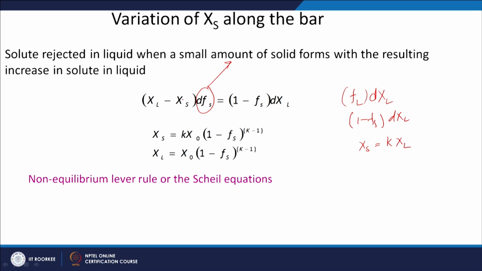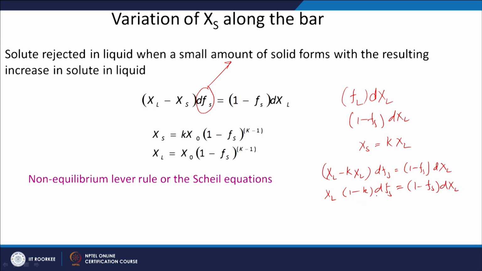So, this will become XL minus KXL into dFs is equal to 1 minus Fs dxl. And XL can be taken out here. So, it will be XL 1 minus K dFs is equal to 1 minus Fs dxl.